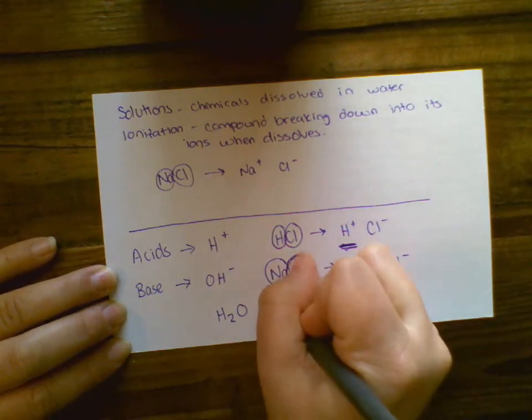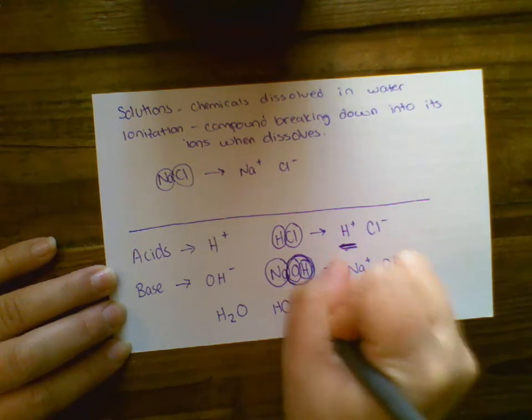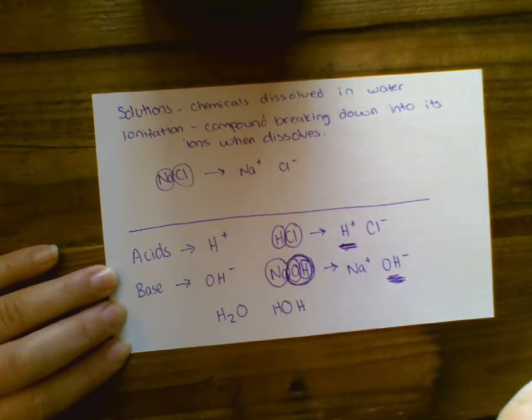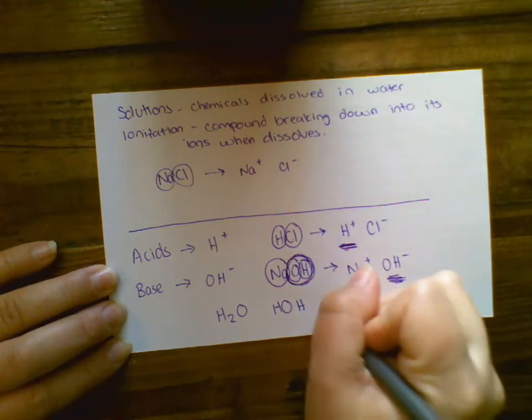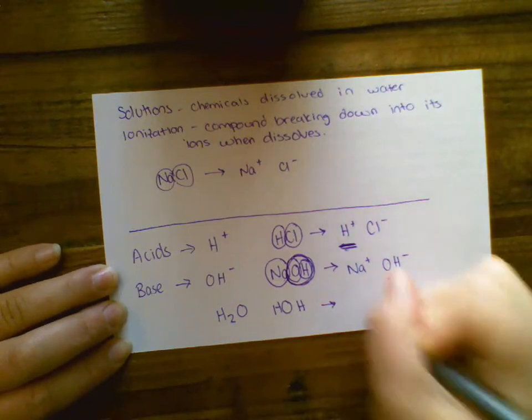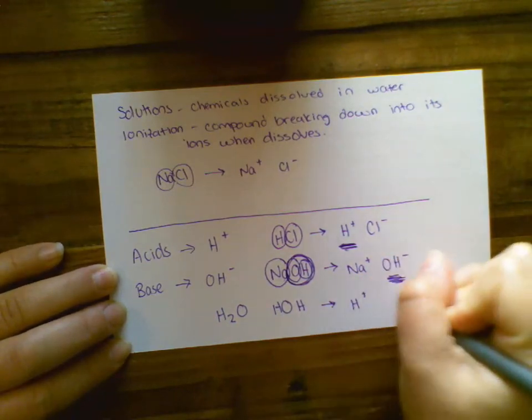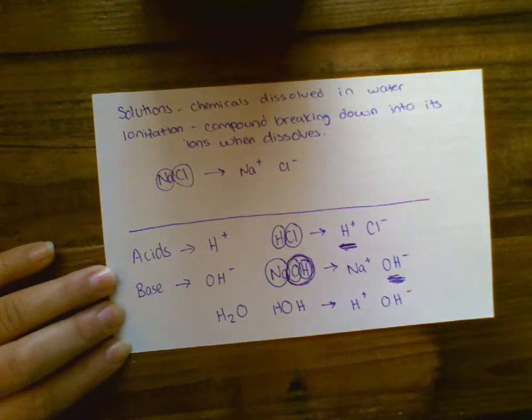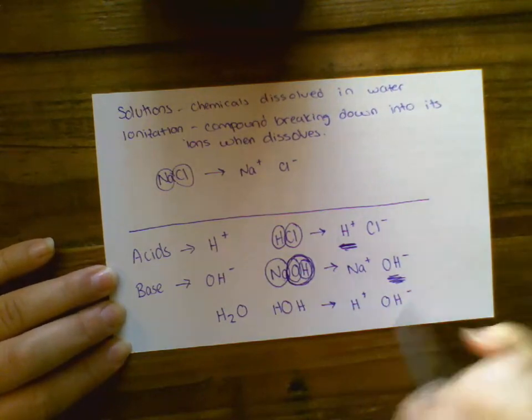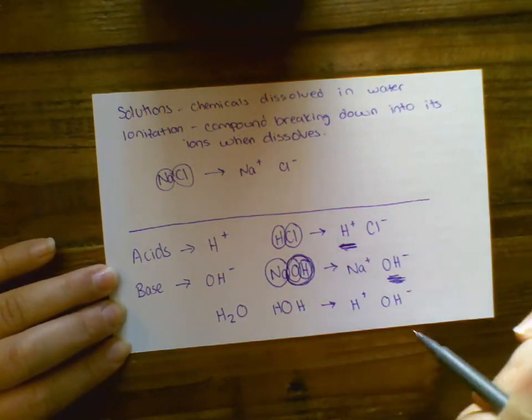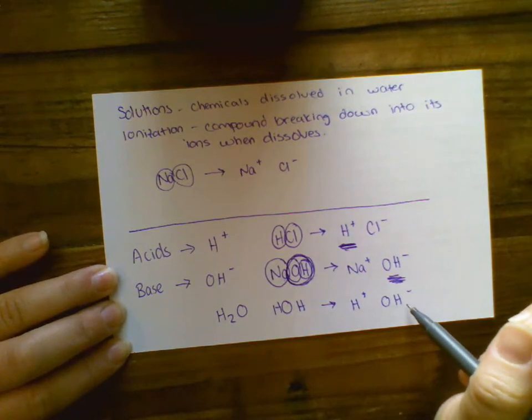Another way to write water is HOH. When water breaks apart into its ions, it has both parts. So it has the H plus from acids and the OH minus from bases.